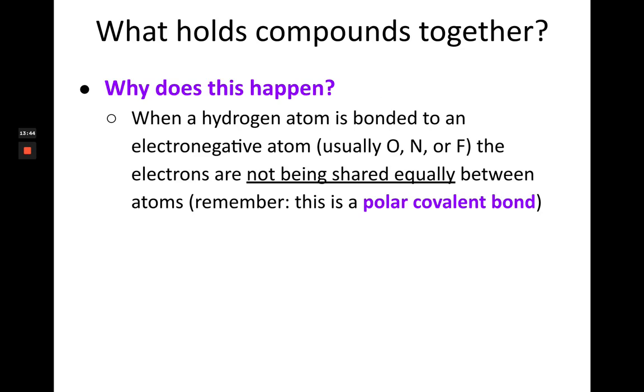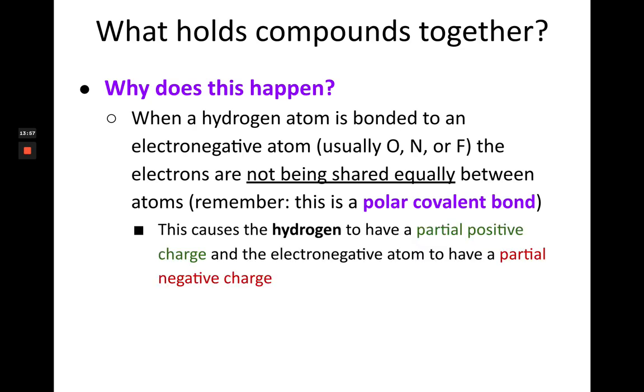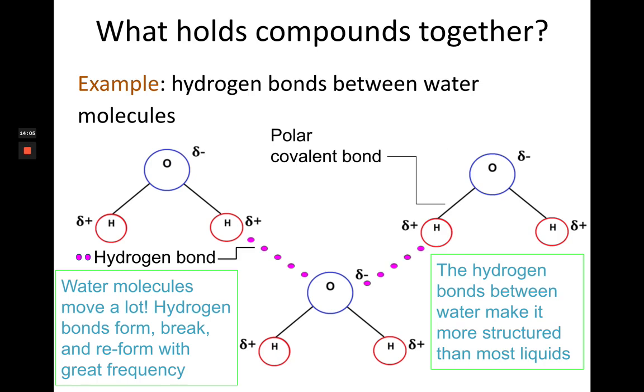When a hydrogen ion or atom is bonded to an electronegative atom, usually oxygen, nitrogen, or fluorine, the electrons are not shared equally, so this creates the polar covalent bond. So because the hydrogen now has a partially positive charge, the other atom has a partially negative charge, and that positive-negative interaction then allows for the different molecules to be attracted to each other.